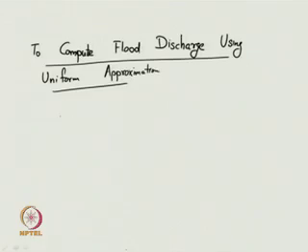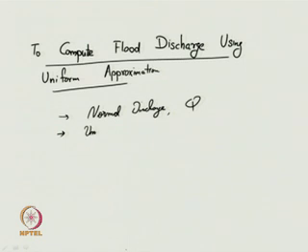You have already seen normal discharge, which we gave symbolically as Q. You have seen the uniform flow velocity, which we gave as V bar.